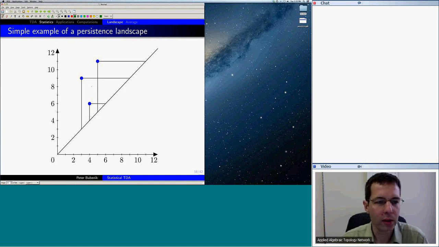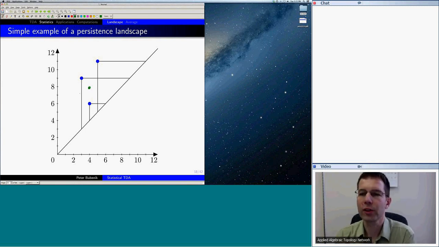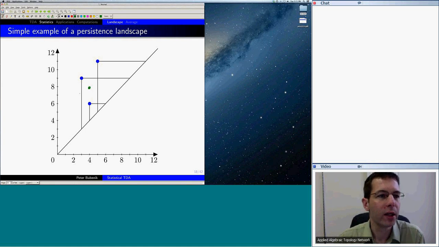If we take a point here, 8, so rank function corresponding to that point. So this is the rank of the map in the persistence module from filtration 4 to filtration 8.